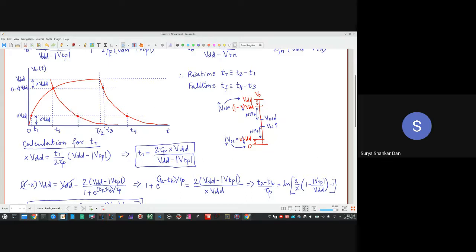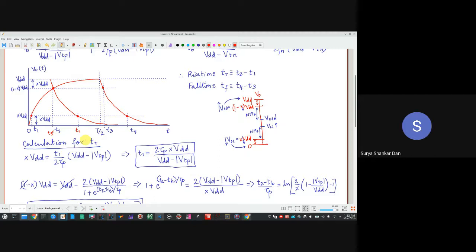So this T2, what I'm suggesting is that T2 and T3 will coincide. So T2 will become equal to T3, and T4, what does it become? T4 will be shifted over here. This will be the new T4. That is the instance where this rise time and fall time will meet.